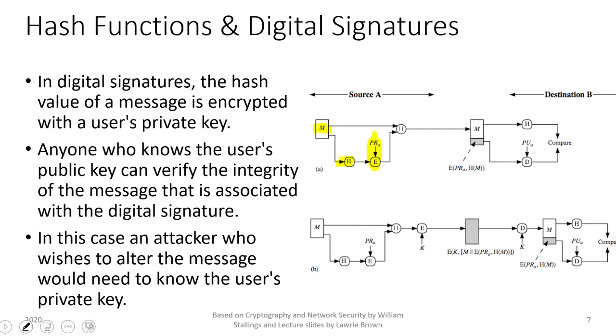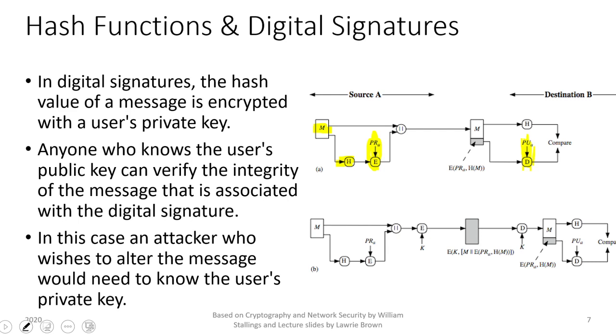So then what we can do is verify that here with the public key. Here we are not doing encryption as such, but what we are doing is called signing the message. So we can use the private key here and we can verify that with the public key there.